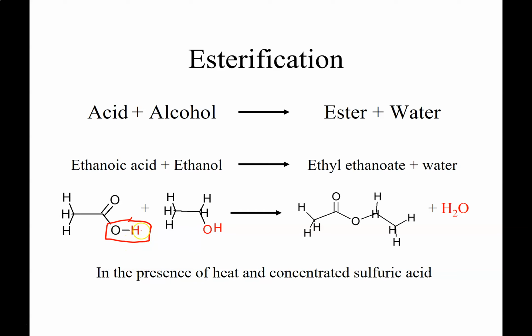That is replaced by your alkyl group, so that is this here. So that is what is substituted in instead of this H. The OH that's left over from your alcohol and that extra H from your acid is what forms your H2O, your water.